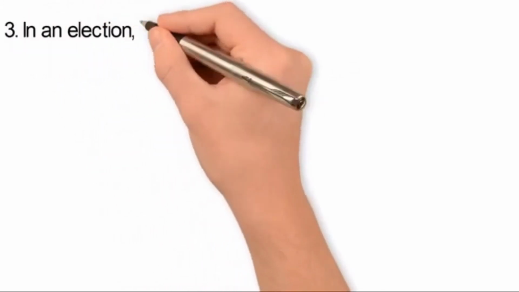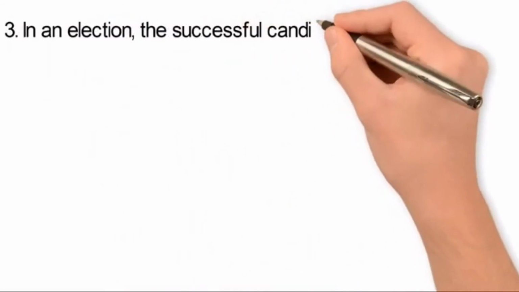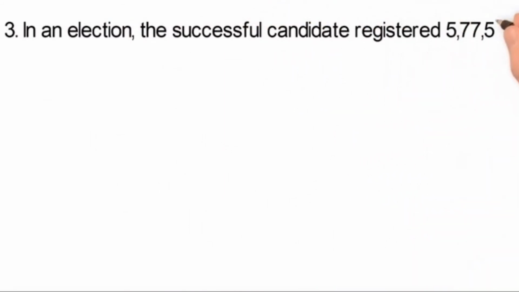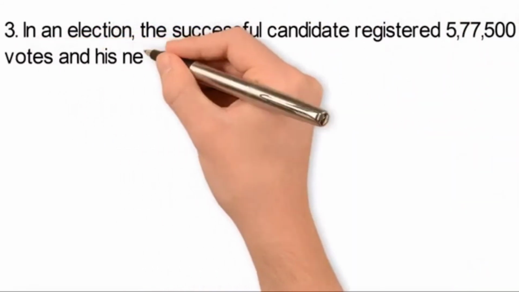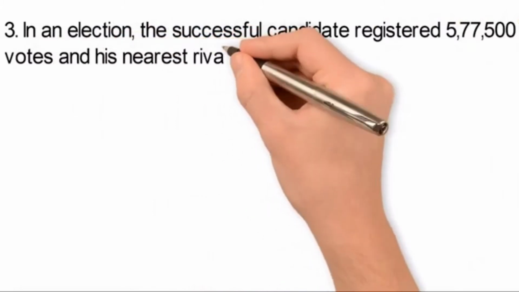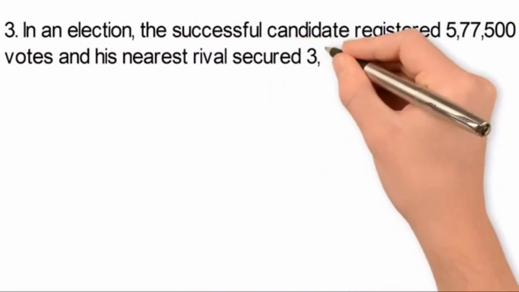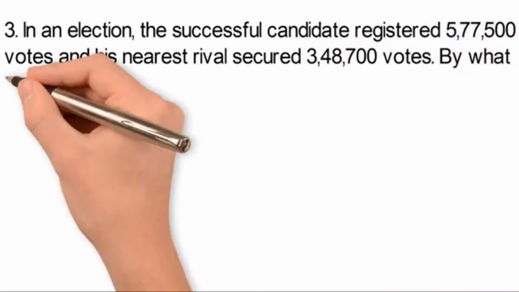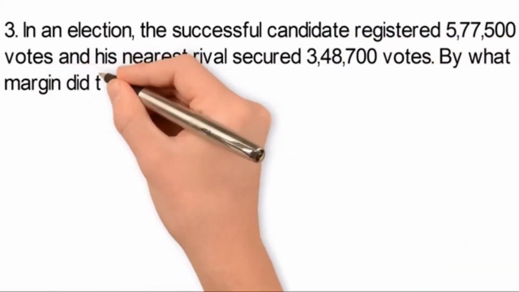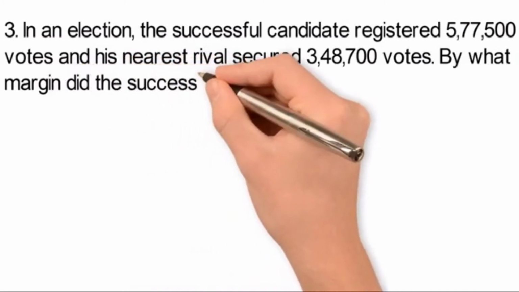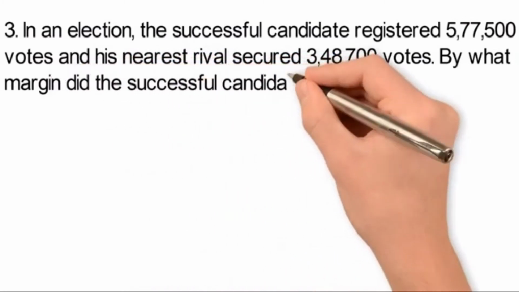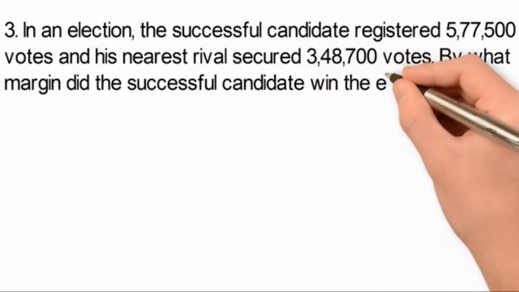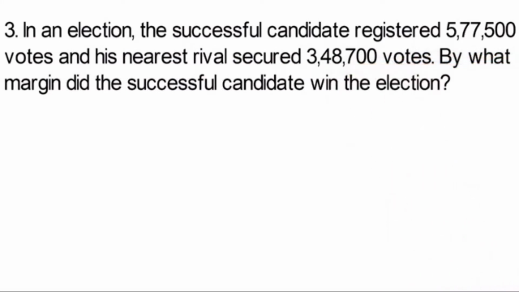Now let us jump on problem number 3. Start reading. In an election, the successful candidate registered 5,77,500 votes and his nearest rival secured 3,48,700 votes. By what margin did the successful candidate win the election?